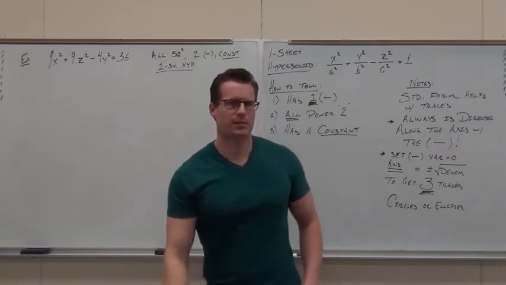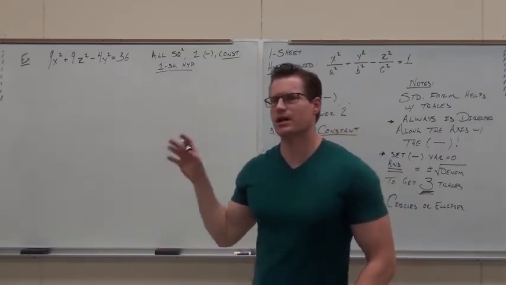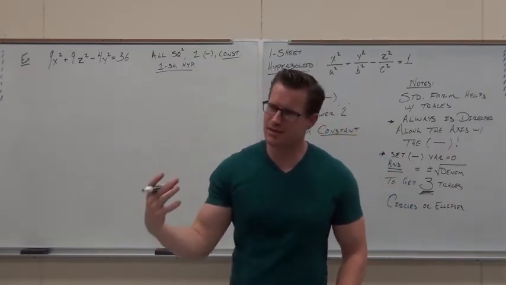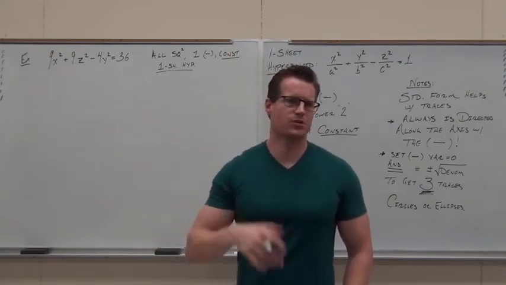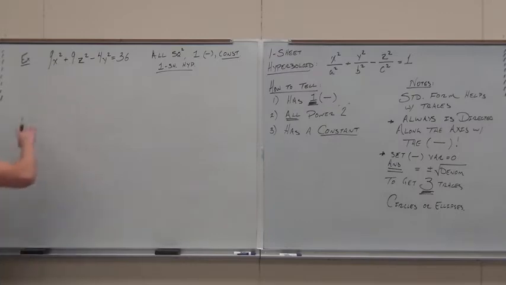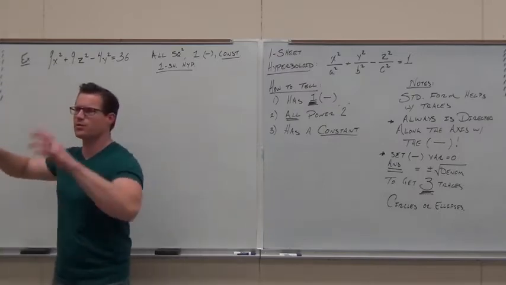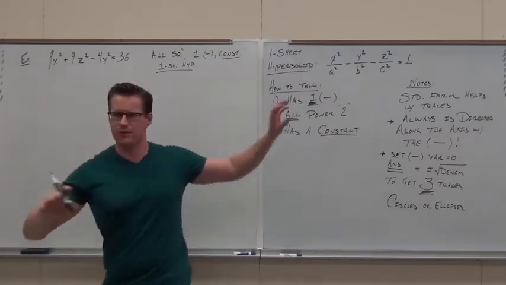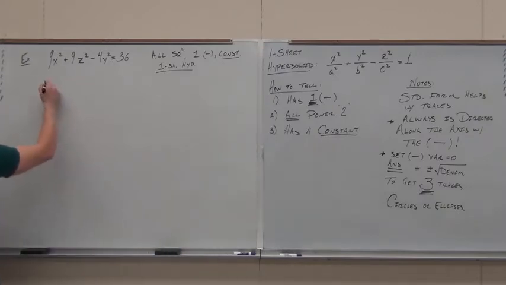Can you please go ahead? I'm going to give you about 10 seconds. Can you get that into standard form? While it's not super necessary, it really helps with the traces, so let's do that. You tell me, what's the standard form when you put this into that format? Minus y squared.